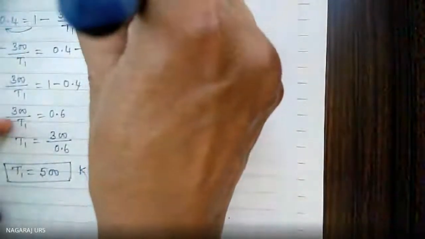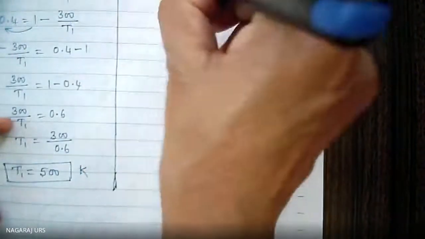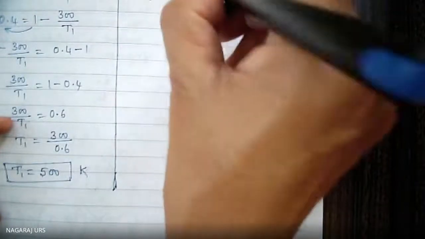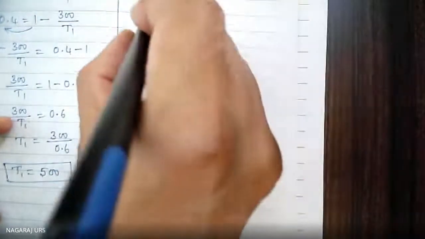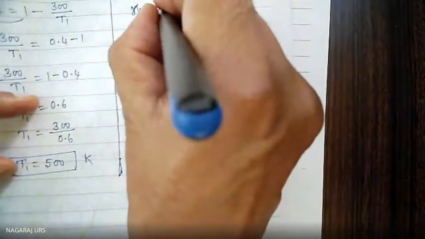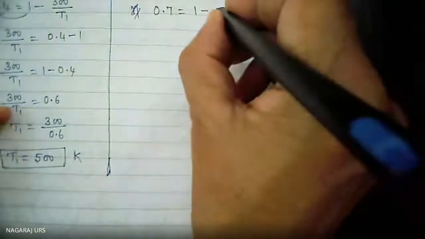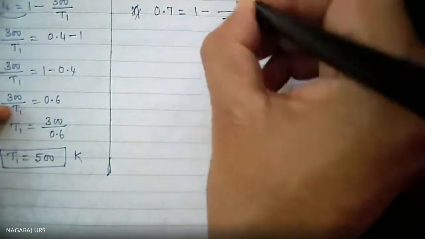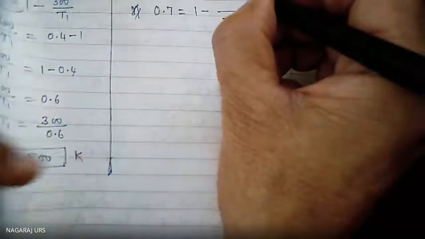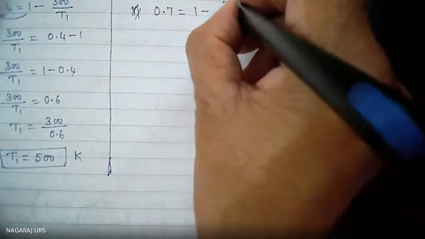Eta 2 is equal to 1 minus T2 dash divided by T1 dash. Eta 2 is equal to how much? 0.7. 1 minus, I am supposed to calculate T1 dash. This is 300 Kelvin only.